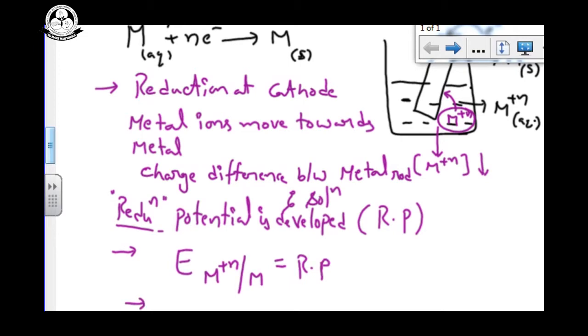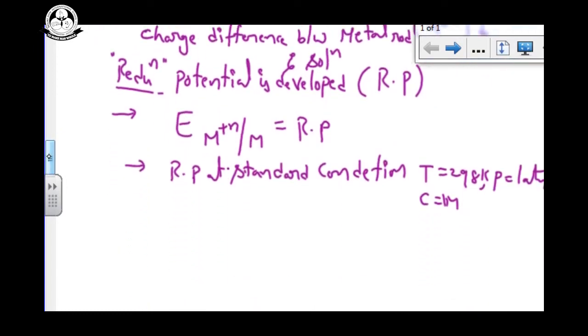If you calculate the reduction potential at standard conditions, that is, temperature 298 Kelvin, pressure 1 atmosphere, and concentration 1 molar, it is called standard reduction potential, simply SRP.